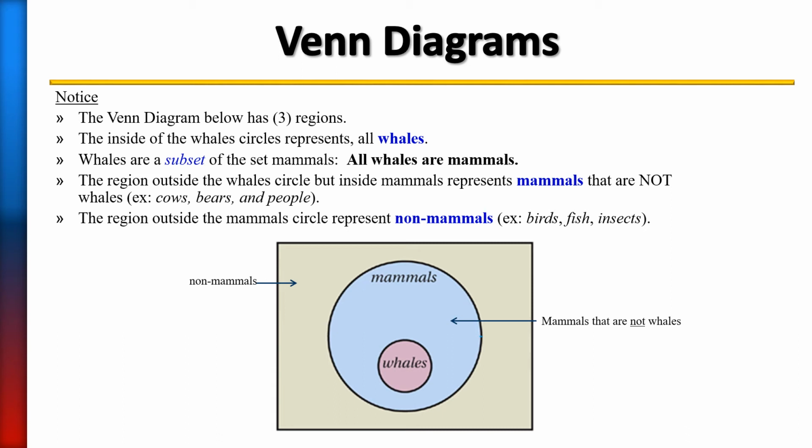However, all of these are animals, so as far as the universal set of all animals, they all are animals. You just have different subsets or categories in which you can classify animals, but they're all part of the larger set.